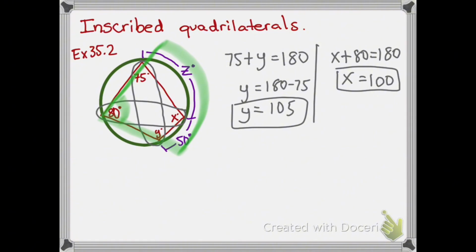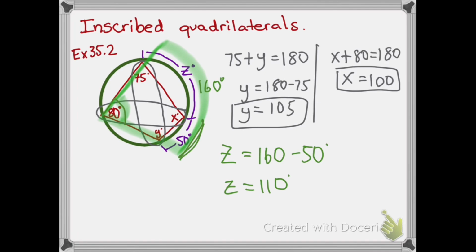So in that case, since this is 80, this is going to be 160, double 80. Now, since all of that is 160, and I know this is 50, then z is going to be 160 minus 50. And so z is 110. And that's it.